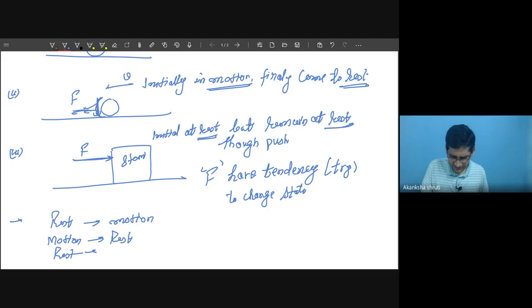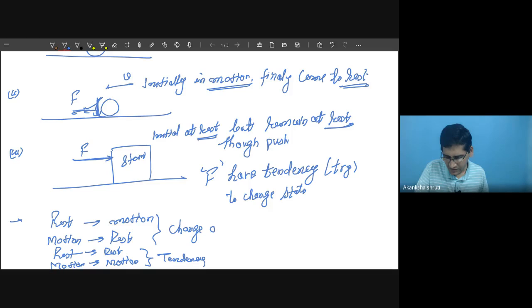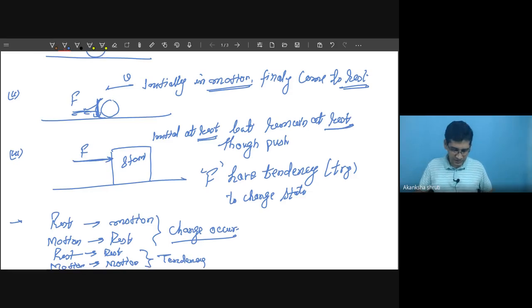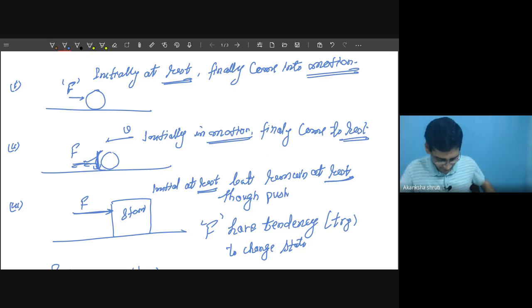Remain at rest, remain in motion: in these two conditions there is only tendency. And in this case, a change occurs when the force is applied. So these things are explained in our figure.